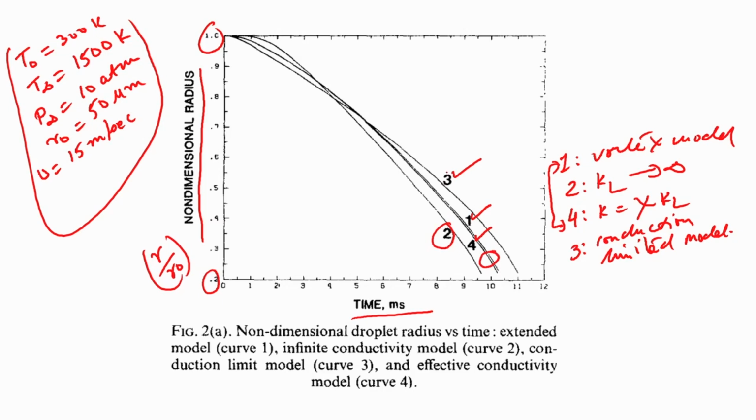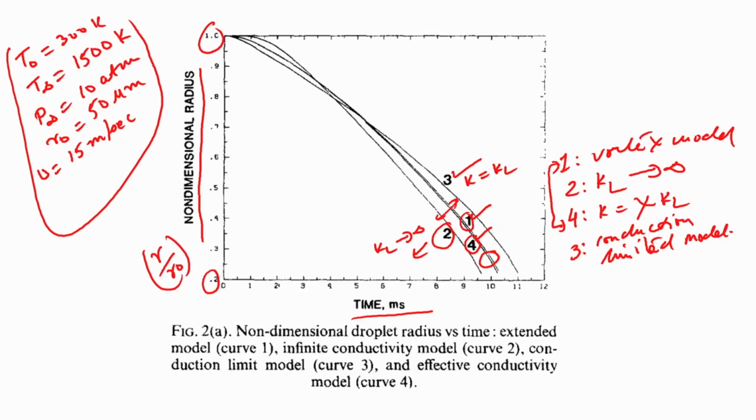That is because it is conduction limited. The only way that heat is being transferred within the liquid phase is through conduction. So, K is equal to K_L, and here you have K_L approaching infinity. So, our convection or effective conductivity model has to fall somewhere in between these two limits. That makes physical sense.